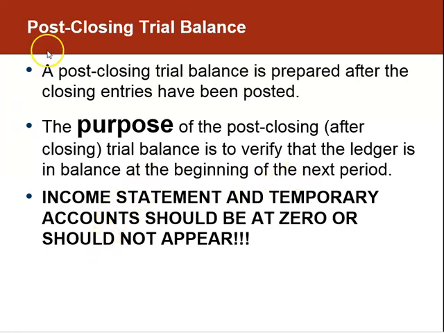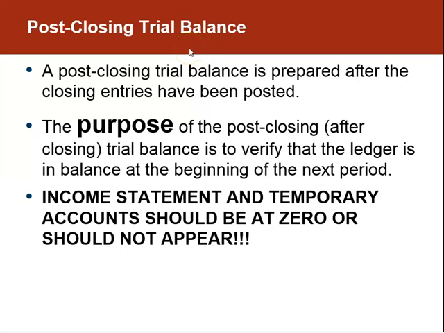If we go to our post-closing trial balance, what they're basically saying is that the only accounts we should see are balance sheet accounts. If we see any income statement accounts, we have a problem. And also, if we see the dividends account on the post-closing trial balance, we have a problem.